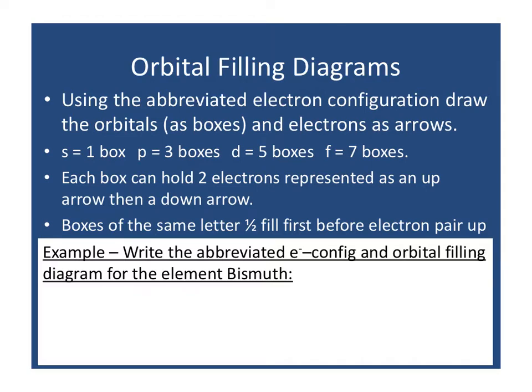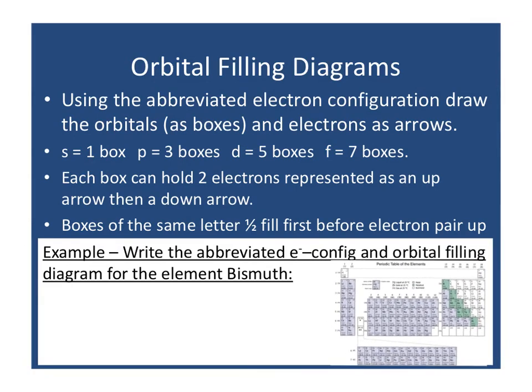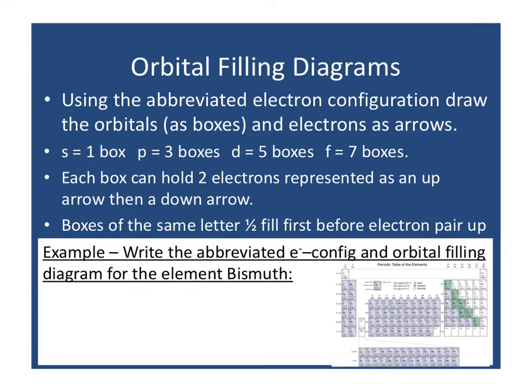All right, we're going to go do one of these for bismuth. If we think back to bismuth, there's a periodic table. I'll shrink it down a little bit there. All right, if you remember, we did bismuth on the last page. Bismuth right there.